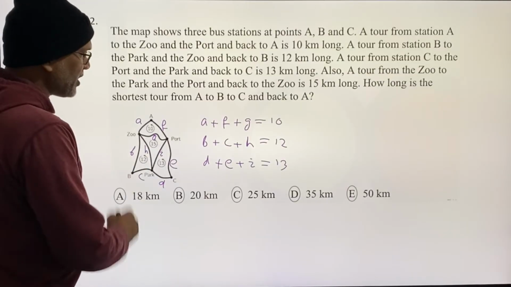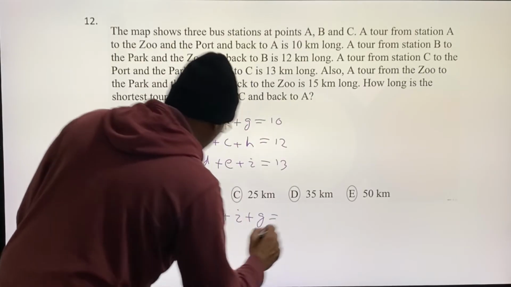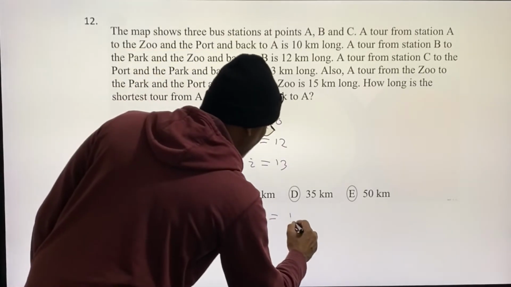And H plus I plus G is given to us as 15.